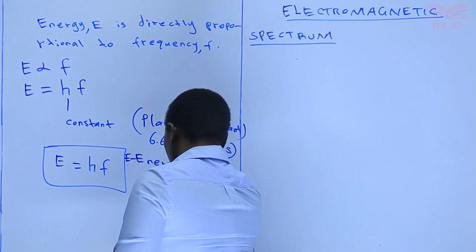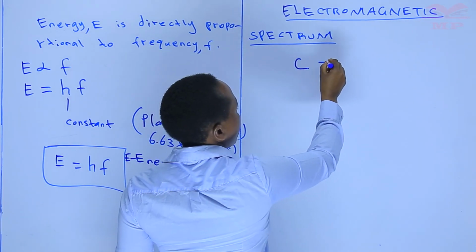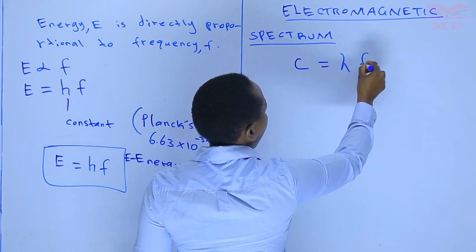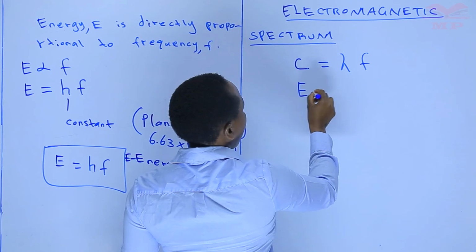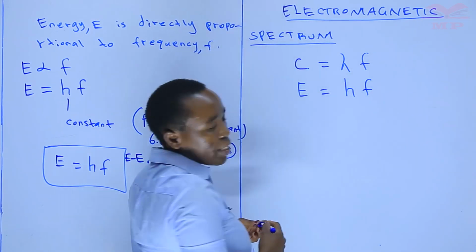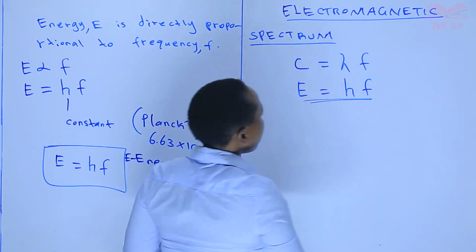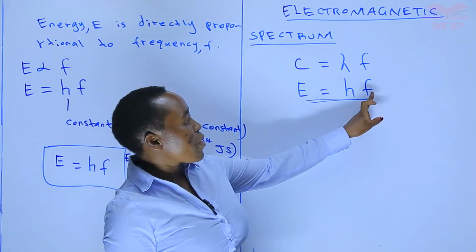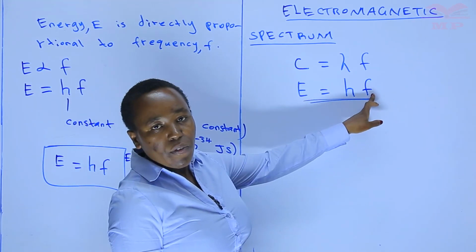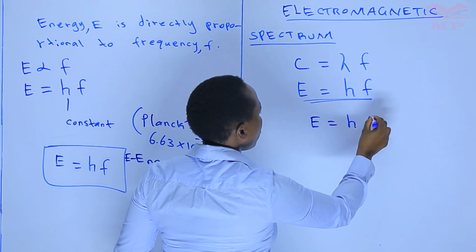We have seen the first one is the wave equation, where c is equal to lambda f, and then energy is equal to Planck's constant multiplied by the frequency. Using this equation, we can make frequency the subject of the formula. We have E equals hf.